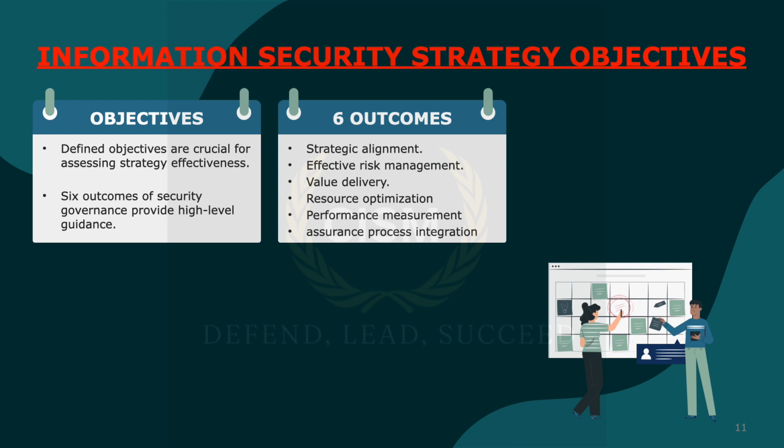Right? Next, resource optimization. Friends, using resources like time and money wisely to get the best security results. Next, performance measurement. Friends, keeping track of how well the security plan is doing and making sure it works as expected. And at last, assurance process integration. In this, we will make sure that all the processes that check and ensure security are working together smoothly.